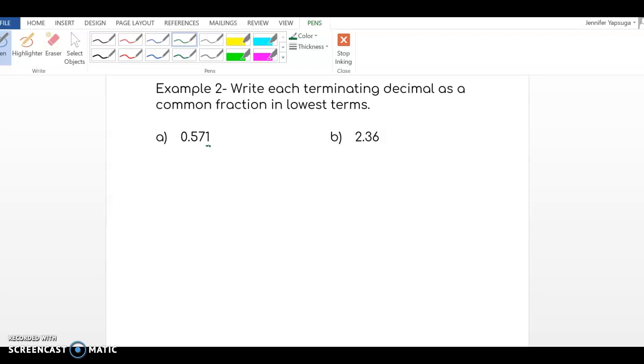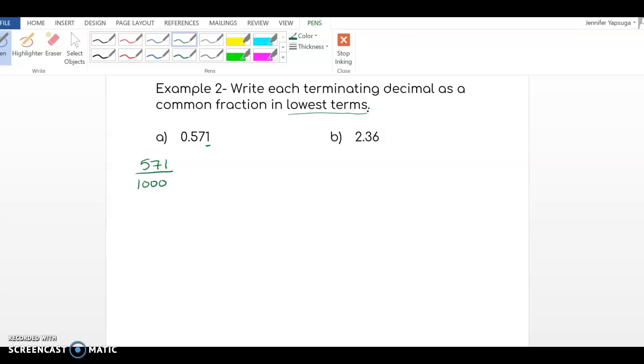So I could say this decimal, instead of saying 0.571, I could say 571 thousandths, which is the same thing as 571 over 1,000. And then I would look to see if I could simplify it, since it does ask me to find it in lowest terms. But this particular fraction does not simplify, so we're going to leave it as is.